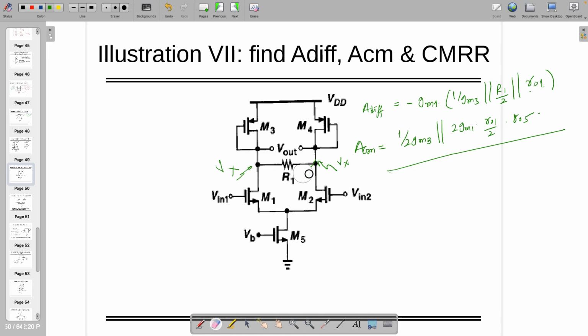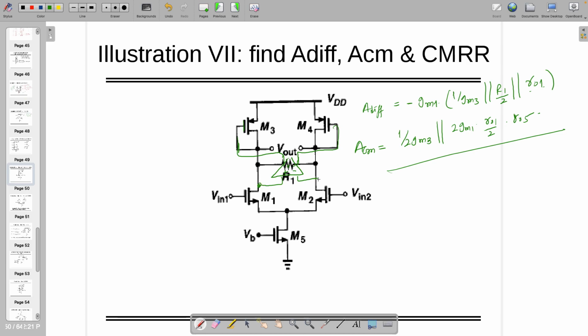Even if it is like this, because this is one of the questions I gave long back, if we assume it is like this, then the gain remains, just the gain will change with RO3 and RO4.